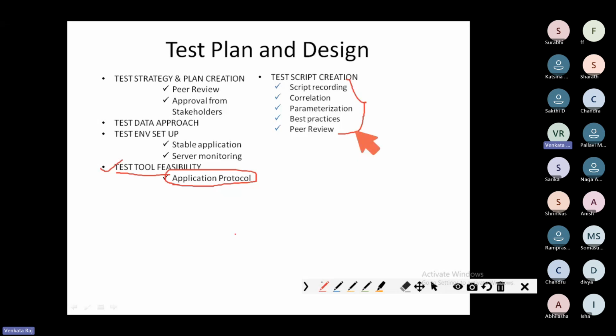These are the generic steps: script recording, correlation, parameterization, then following some best practices. Once you develop these scripts, you will do a peer review of your test scripts. Your test scripts are your deliverables, so you need to develop them properly, guys.